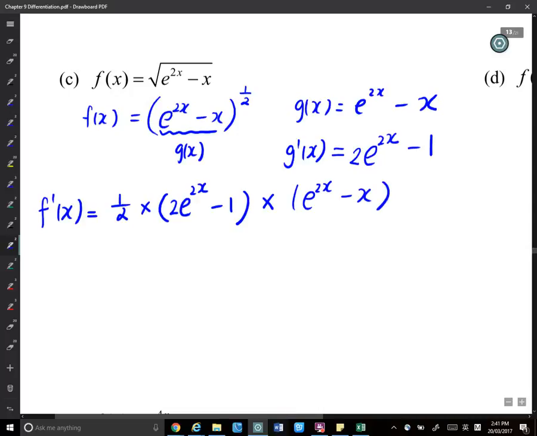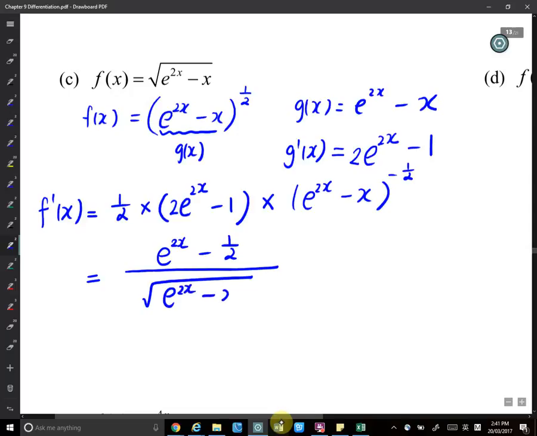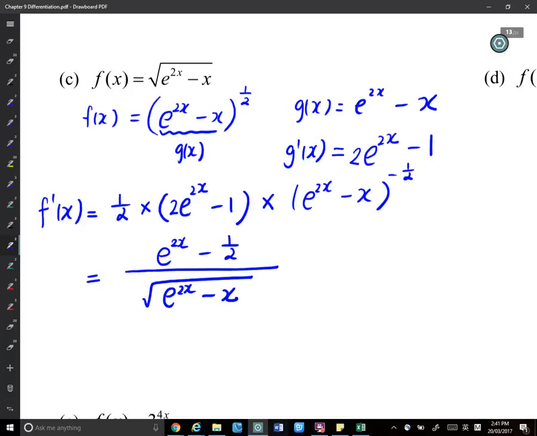The base is that, the power is half, reduce the power by 1, I'll have negative a half. So what I have here on the top is e to the power of 2x minus a half, over square root of e to the power of 2x minus x. The negative is 1 on that and the half is square root.